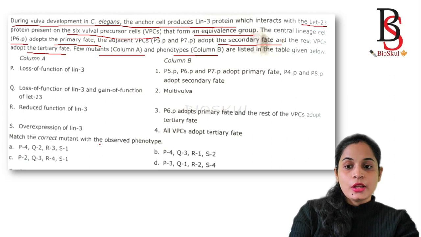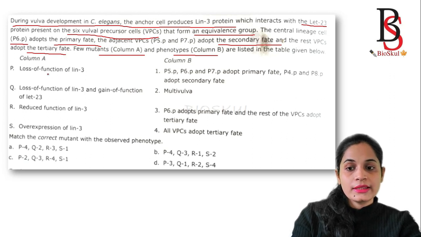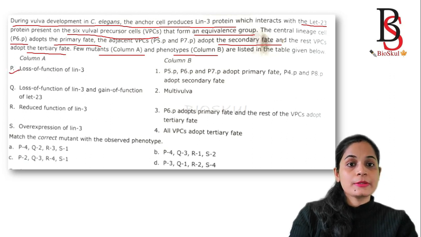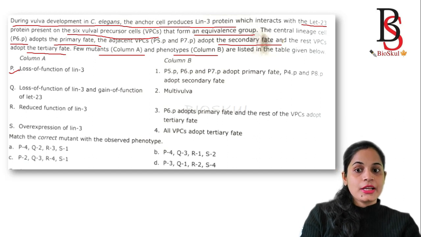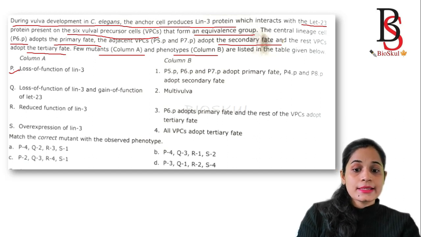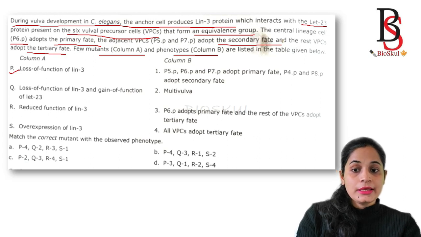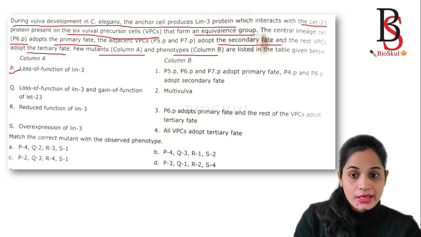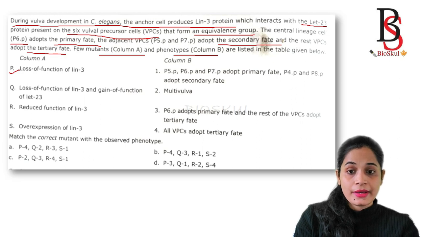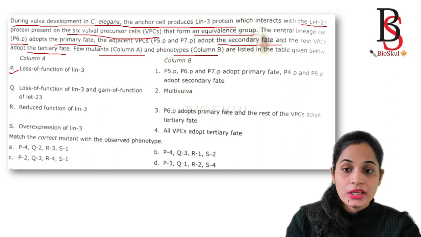Okay, let's see. Loss of function of lin-3. Where is lin-3 present? It is present in the anchor cell, and the lin-3 is mutated. Okay, if the lin-3 is mutated, then what will happen? It will form only hypodermal cells.